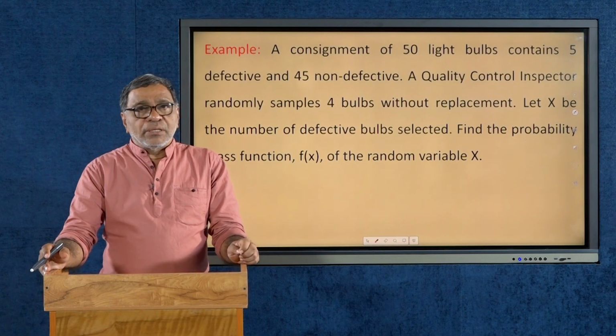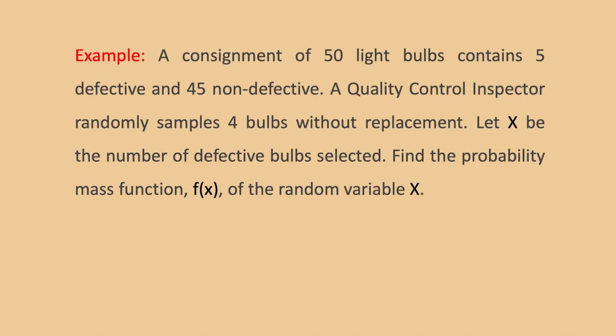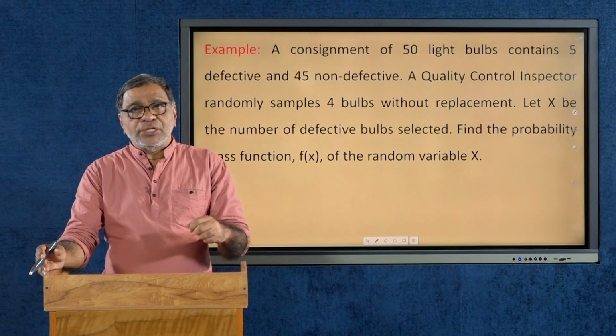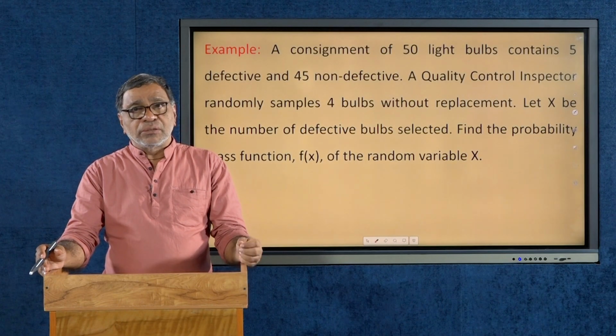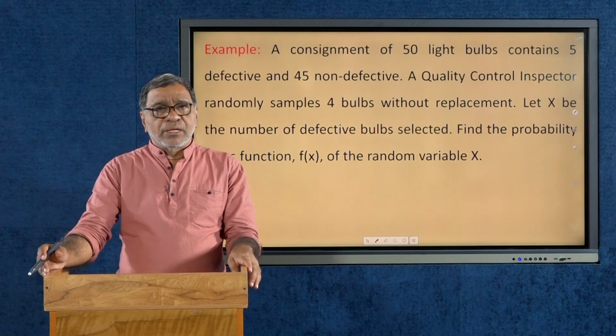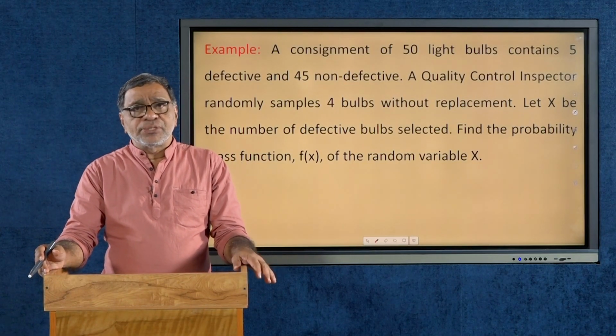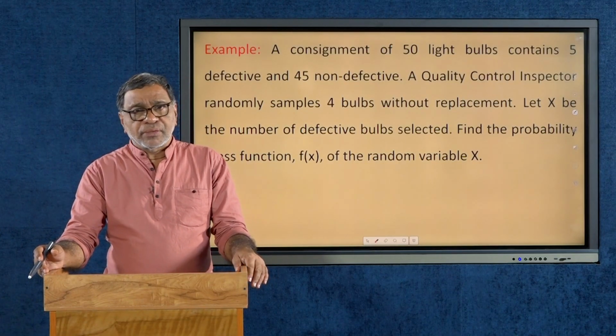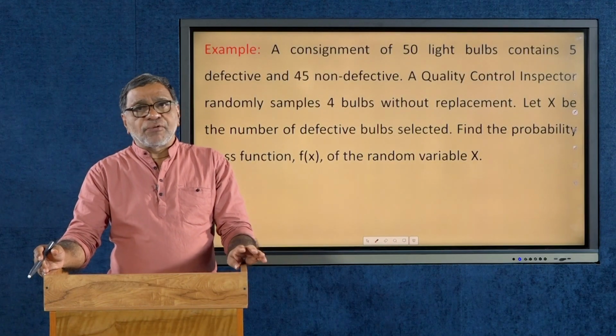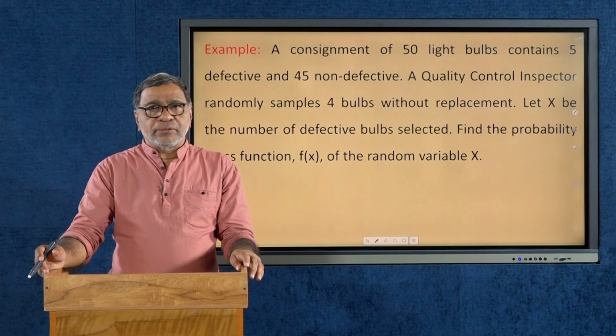For example, a consignment of 50 light bulbs contains 5 defective and 45 non-defectives. A quality control inspector randomly samples 4 bulbs without replacement. Let X be the number of defective bulbs selected.